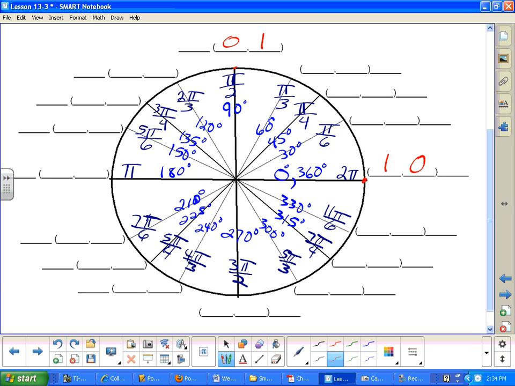Over here at pi, what's the coordinate of that point? Okay, -1, 0. We went to the left, -1, went up or down 0.